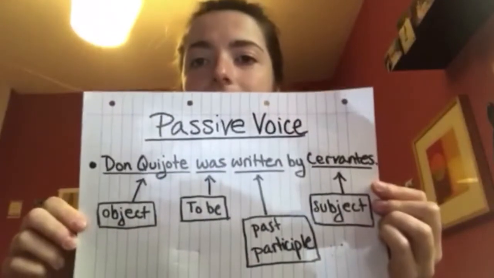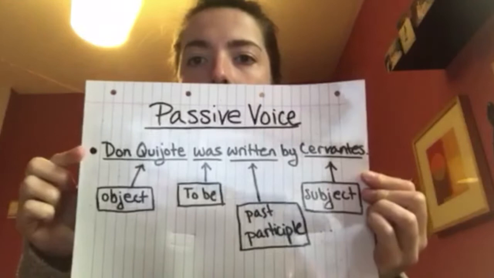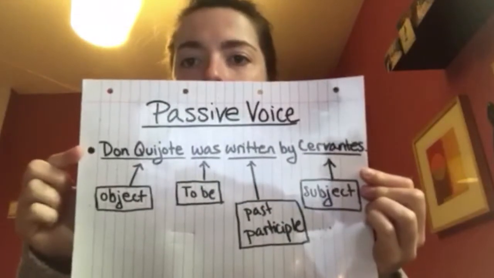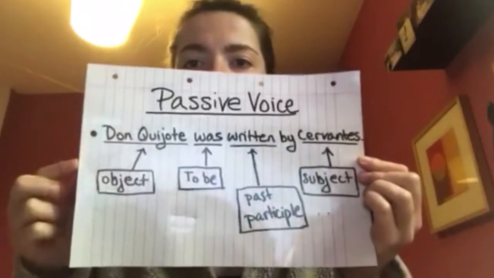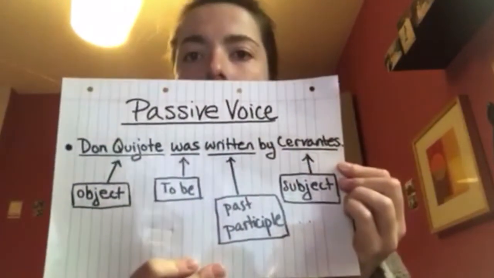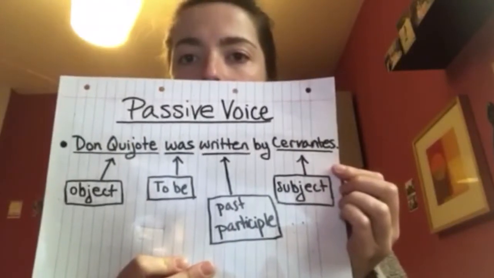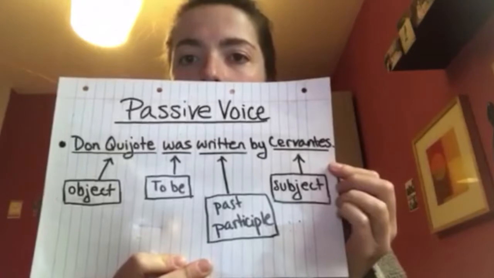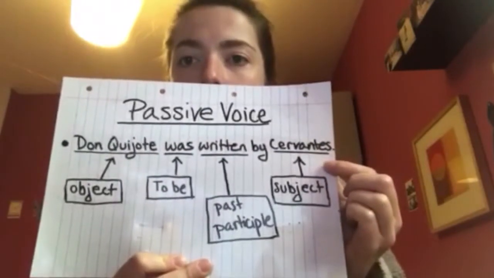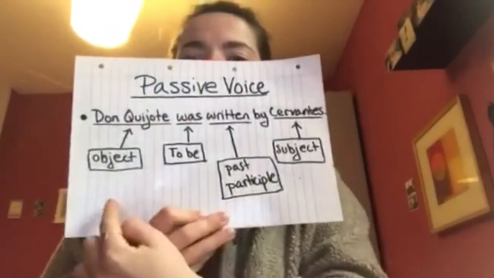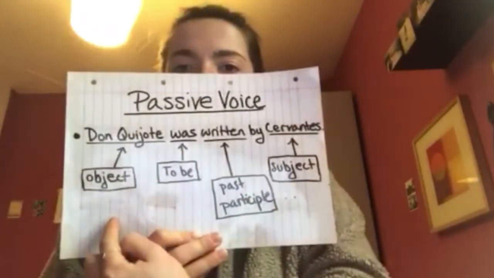Let's look at example number 2. Don Quixote was written by Cervantes. So, let's look at the structure. The subject is the person who wrote the book. So the subject is Cervantes. Normally, the subject goes at the beginning of the sentence, but in passive voice, it does not.